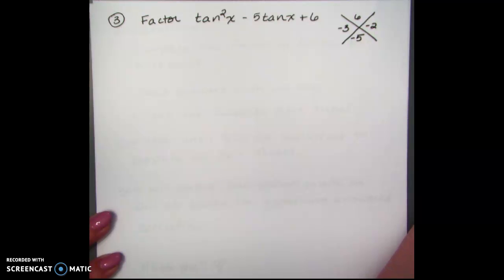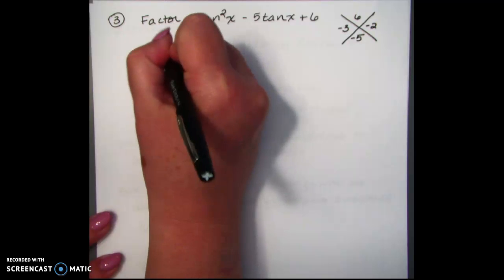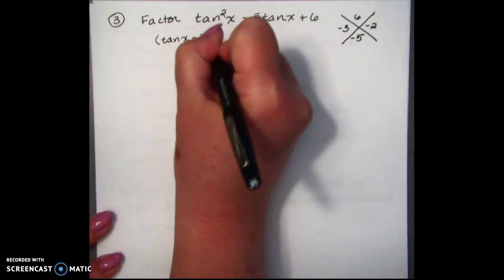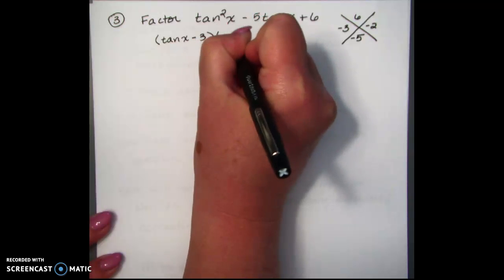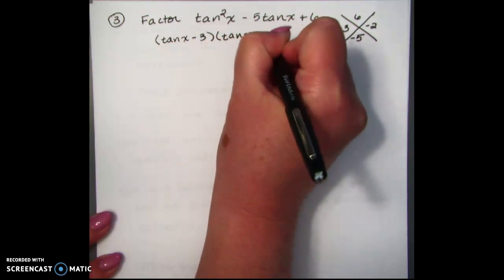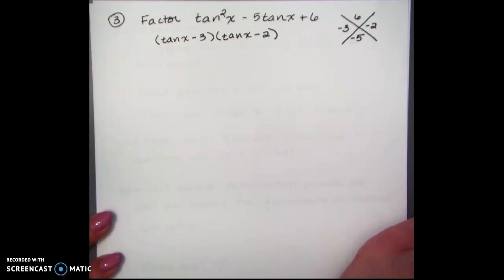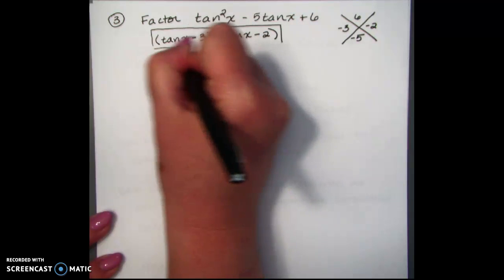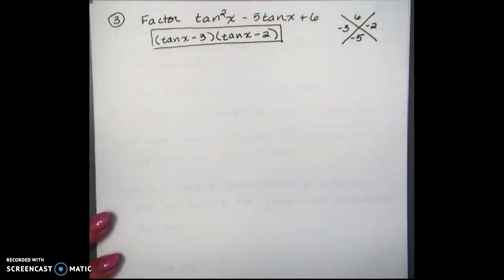Again, there is no coefficient in front of the tangent squared of x, so we can use the shortcut to say we have tangent of x minus 3 times tangent of x minus 2. Again, we look at the parentheses to see if I could factor any further, and I cannot. So this is our final answer. It's just like a problem with plain x, but our new variable is tangent of x.